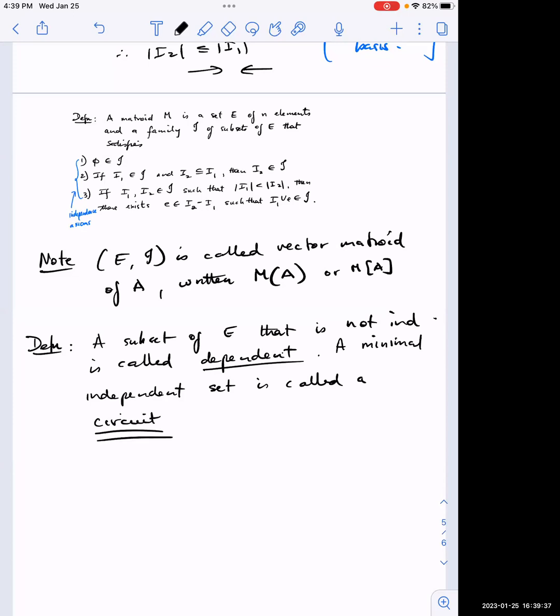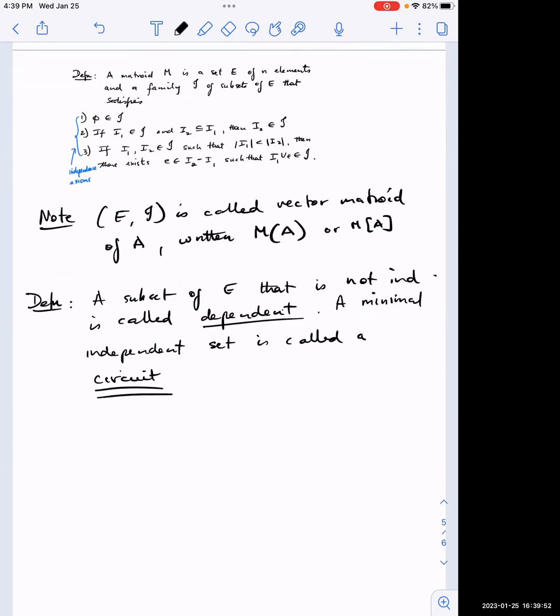Bit of a notation clash here. Circuit in matroid is the same as cycle in a graph, but in graph theory, circuit means something else. So that's something to keep in mind. I just wish that this was called cycle instead of circuit, but the notation appears to be fixed.